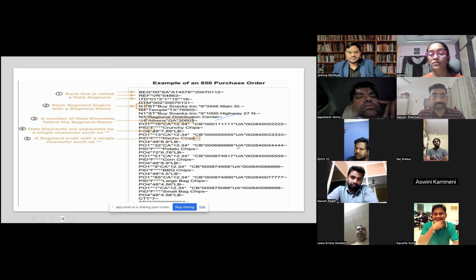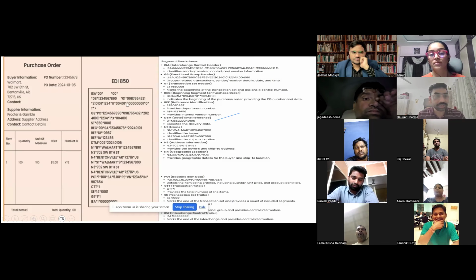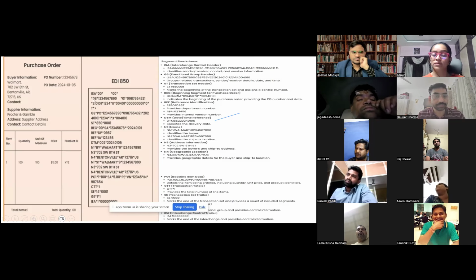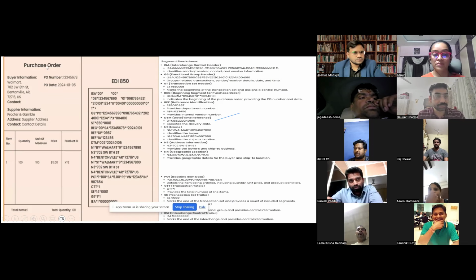Okay. So let's go to another example where we have a system purchase order created and how the EDI file looks. I'll touch base on 2 or 3 segments only. As you can see in the system, we can see the purchase order. We have the purchase order number, PO date, when it was created, the buyer information, supplier information.